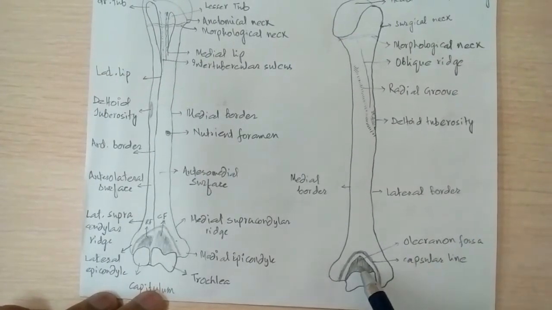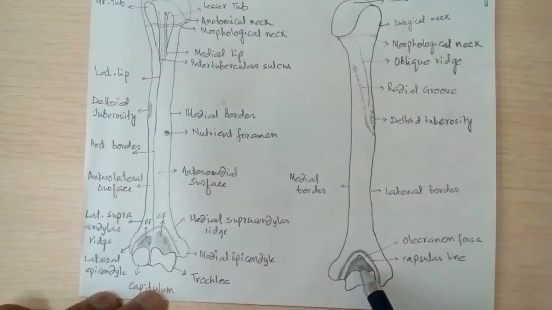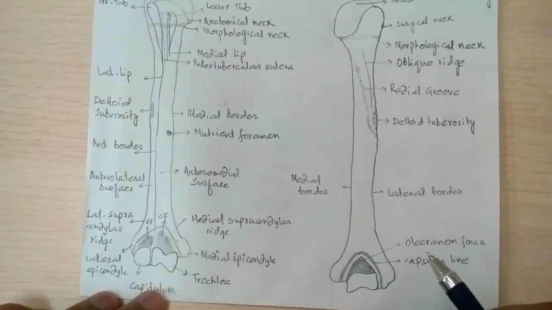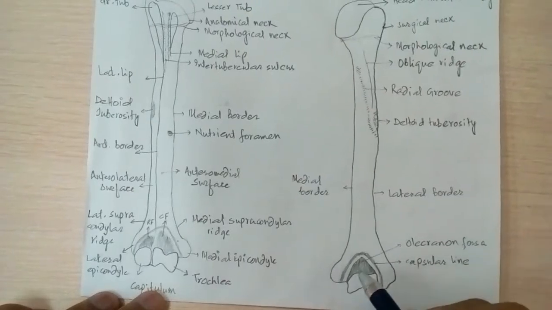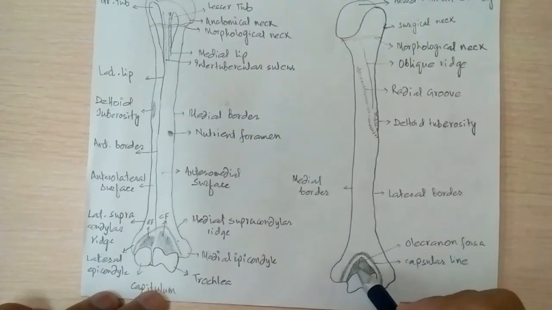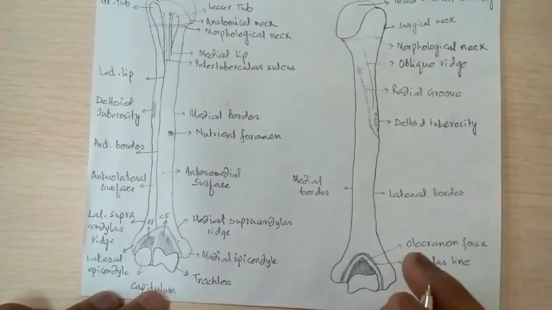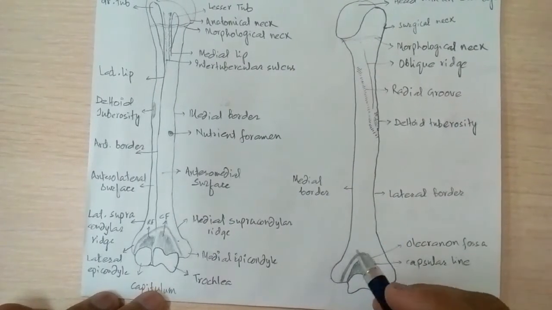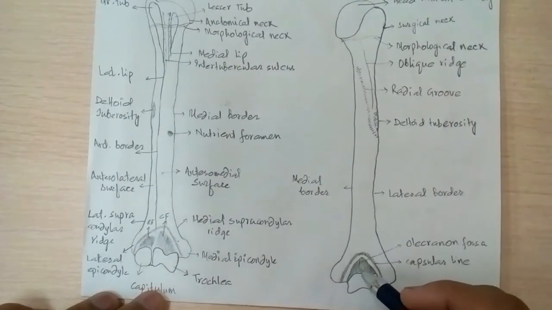This olecranon fossa provides the area for the insertion of the olecranon process of ulna when the elbow is extended.